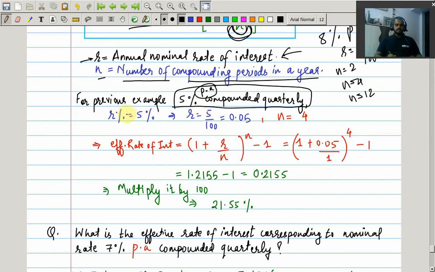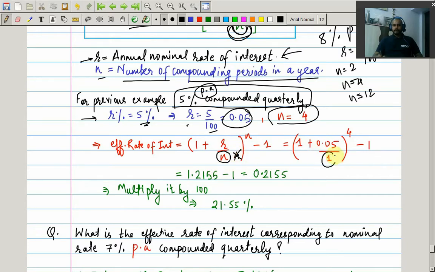So I'm going to treat this as just compounded quarterly, 5% for every quarter. So r percent is 5%. What is r? R is 5 upon 100, so 0.05. N is 4. So for the effective rate of interest, I'm not going to write n is equal to 4 here.